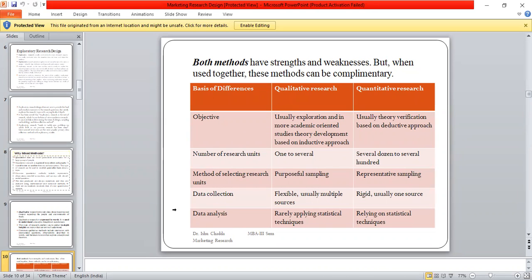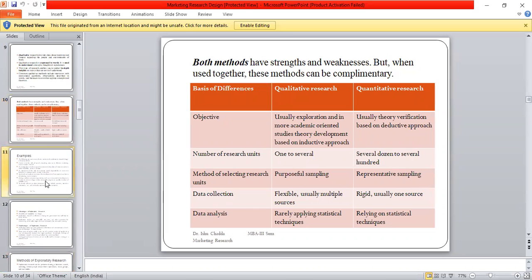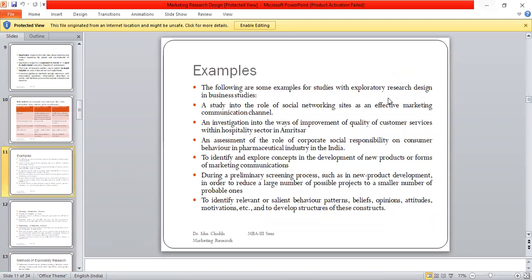Next, these are examples of exploratory research design. A study into the role of social network sites as an effective marketing communication channel. In today's scenario, there are a number of ads that pop up on Facebook, Instagram, and Twitter as well.